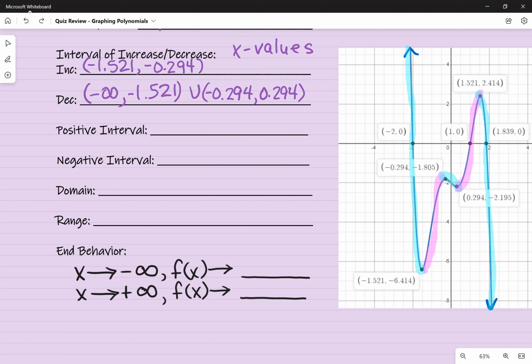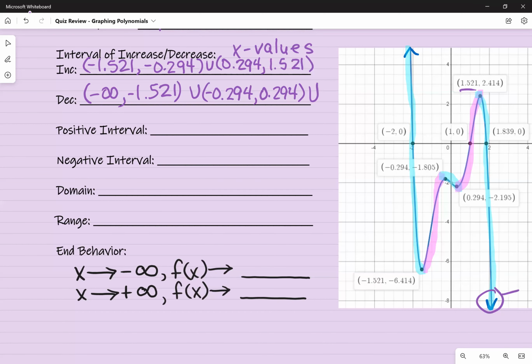And I have to go from negative 2.294 up to 1.521. So this time I'm going up, I'm going to use a union, 0.294 to 1.521.